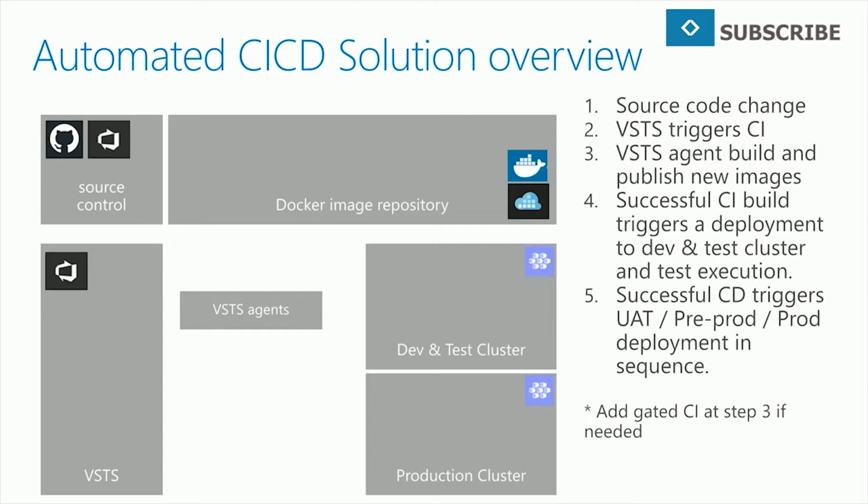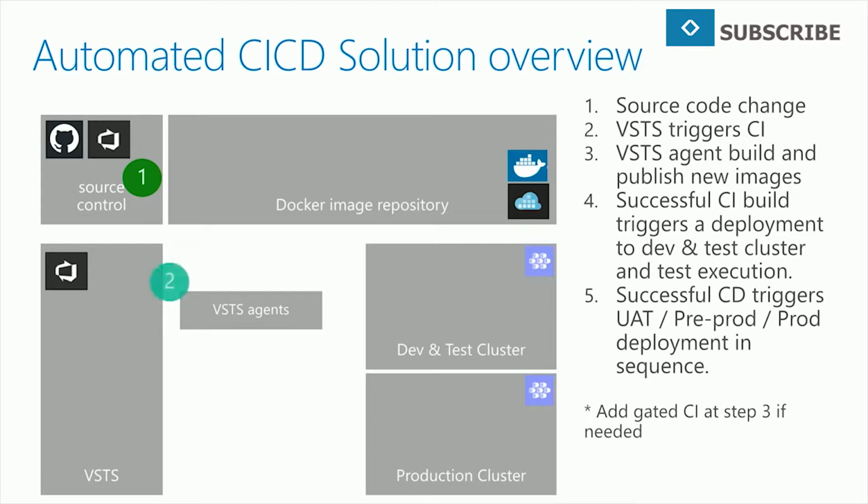As we see, first, all our source code, including the definition of Docker files and the Kubernetes specs in YML, let's assume it's all in source control, along with your database change code and the application change code. So whenever there is a change in source control, Visual Studio Team Services monitors the changes.